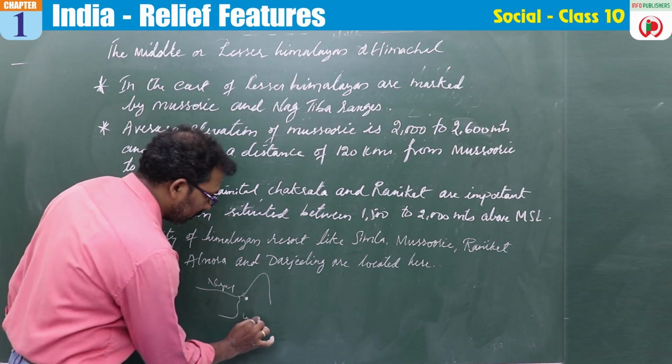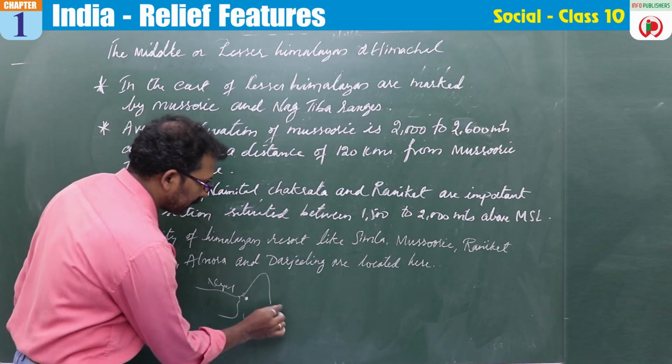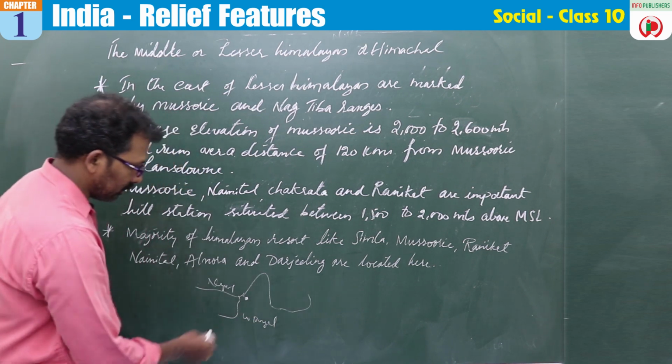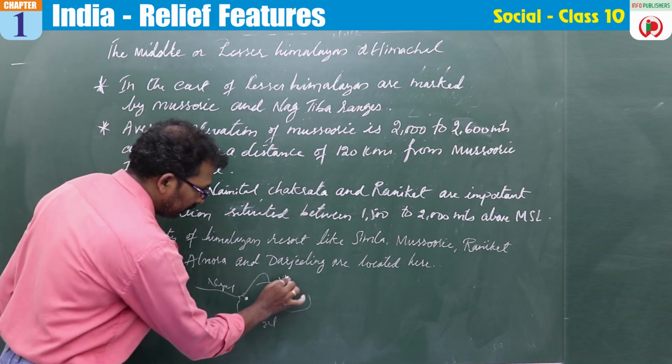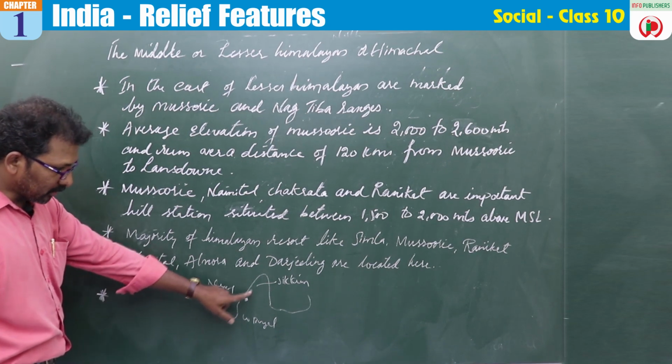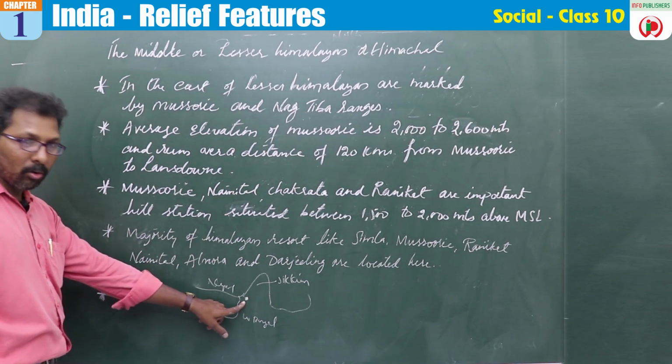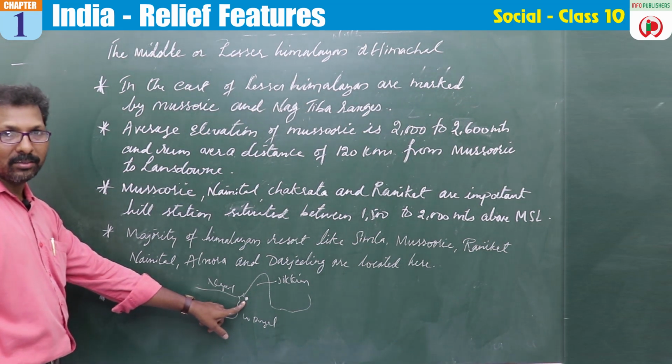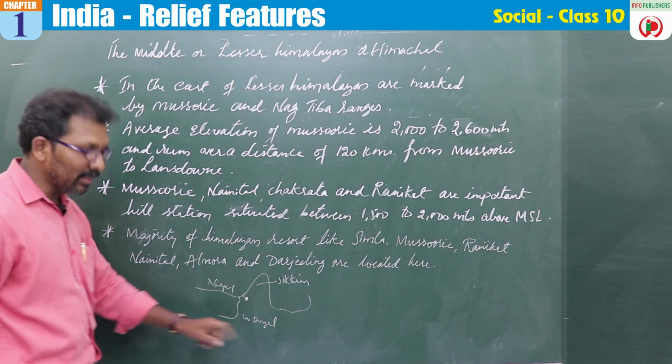So this is West Bengal. If you want to locate that in your textbook, it is very easy. Now this is Sikkim, and to the southwest of Sikkim you find Darjeeling. So Darjeeling is present in West Bengal.